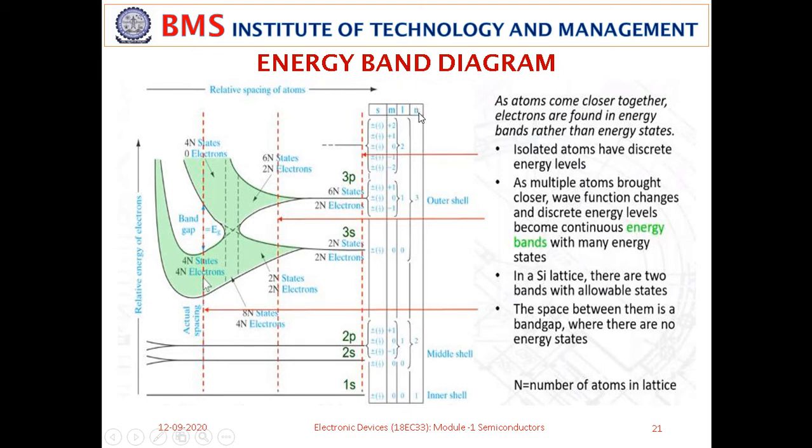If n is equal to 2, L can take 0 and 1. If n is equal to 3, L can take 0, 1 and 2. Likewise, depending on the value of n, L varies. The maximum value of L is n minus 1. For n equal to 3, n minus 1 is 2, so it can take 0, 1 as well as 2.